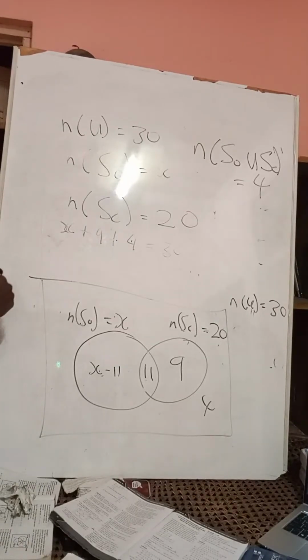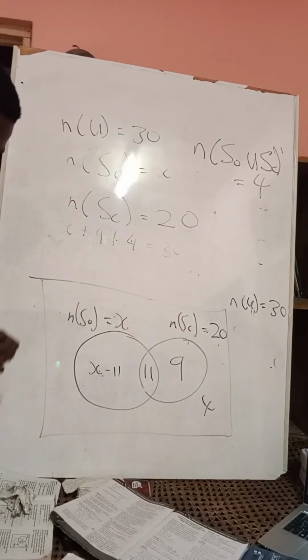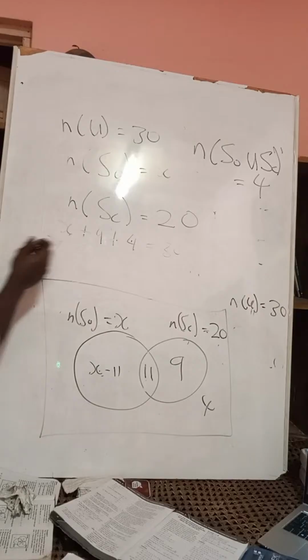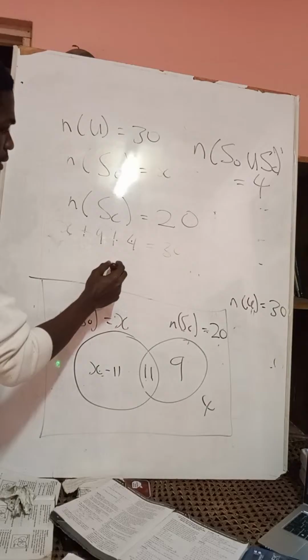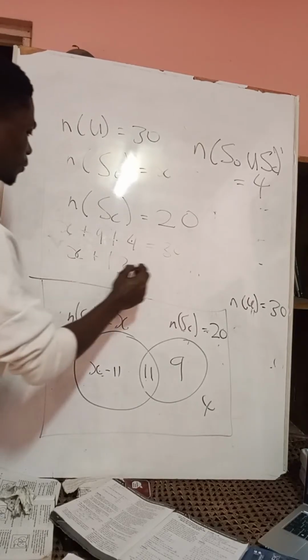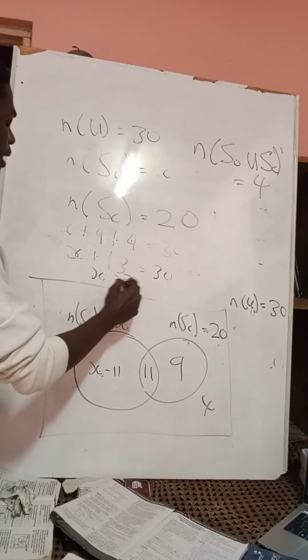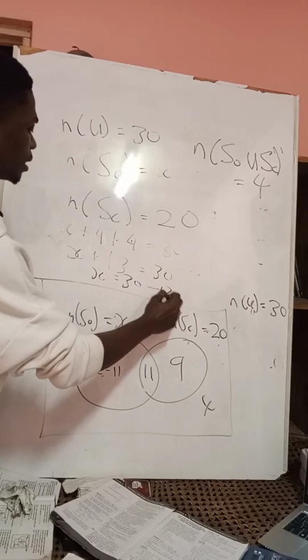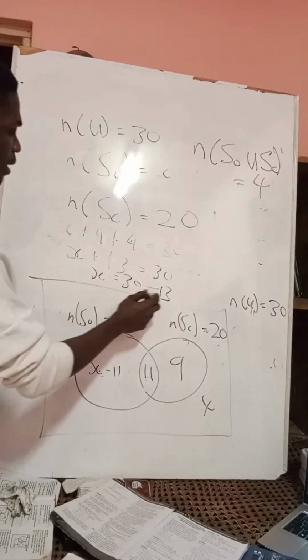So x plus 9 plus 4, where 9 plus 4 is 13, equals 30. Now x is equal to 30 minus 13.